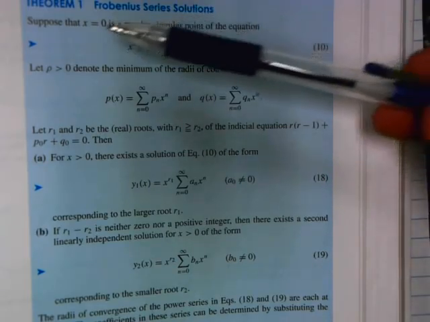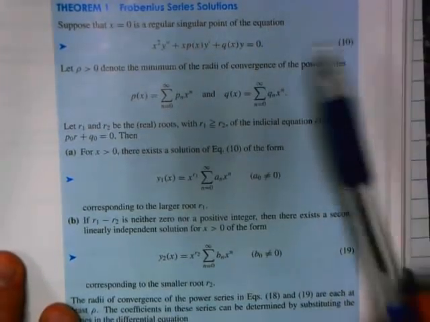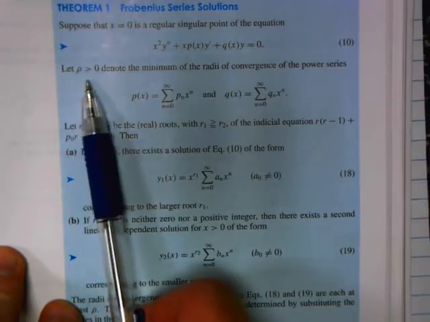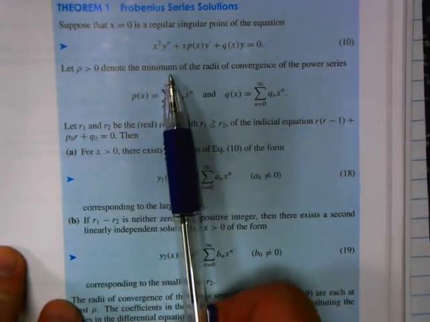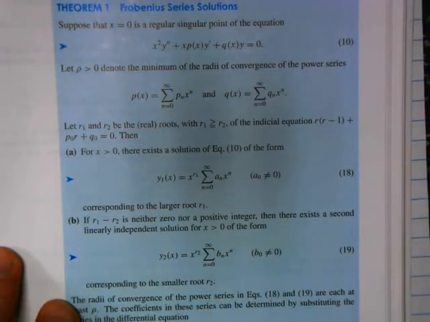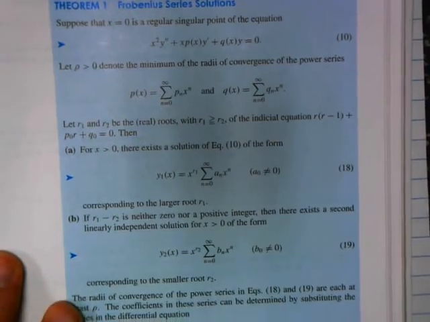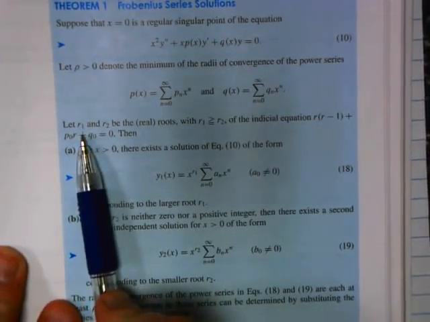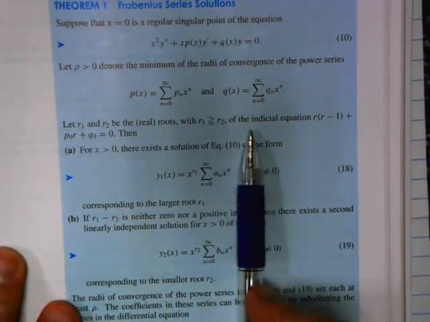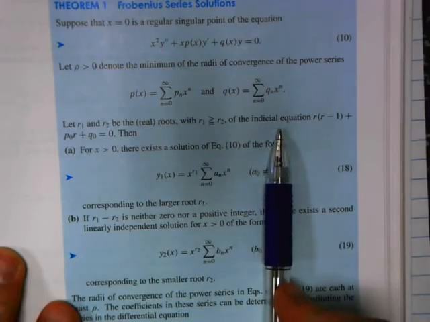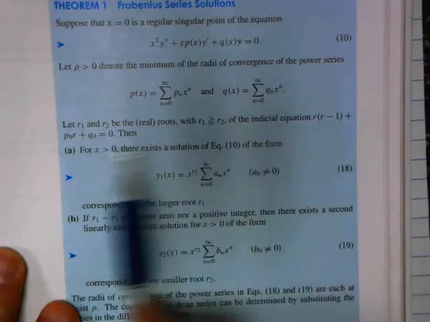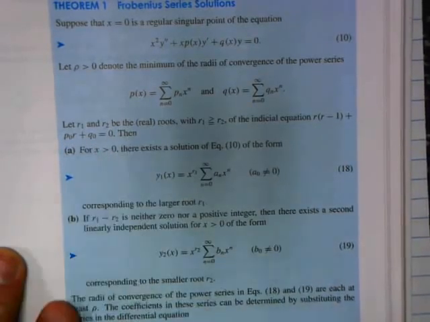It says, suppose x equals 0 is a regular singular point of the equation. Let rho be greater than 0 denote the minimum of the radii of convergence of the two power series for p of x and q of x. Let R1 and R2 be the real roots, with R1 greater than R2, of the indicial equation R times R minus 1 plus P at 0 R plus Q at 0 equals 0.